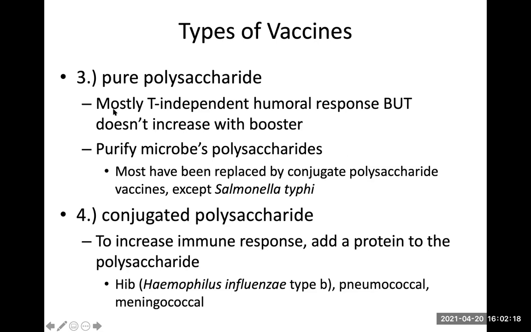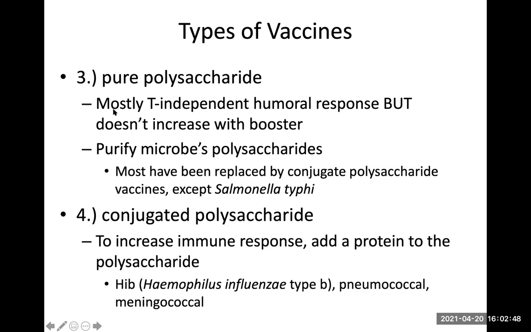So most of these vaccines, we've figured out how to make them in the different categories, and so we don't give the pure polysaccharide vaccines anymore, with the exception of Salmonella typhi. If you're traveling somewhere where Salmonella typhi is a possibility, it's prevalent in that community, it's likely that you would get this, then you would be given a vaccine before your trip.